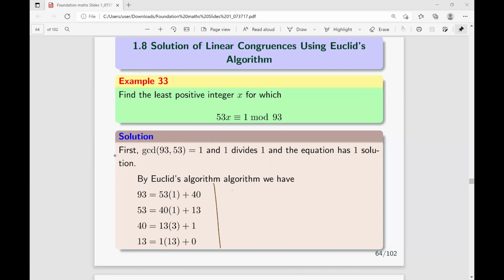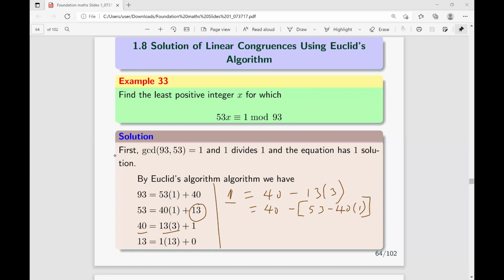So we make 1 the subject of the formula, and this 1 is the same as 40 minus 13 times 3. The equivalent of 13 is 53 minus 40 multiplied by 1.